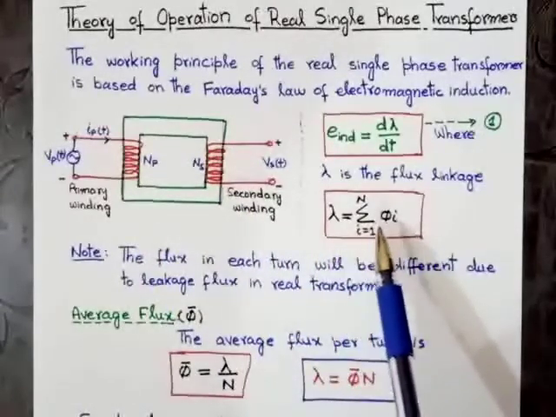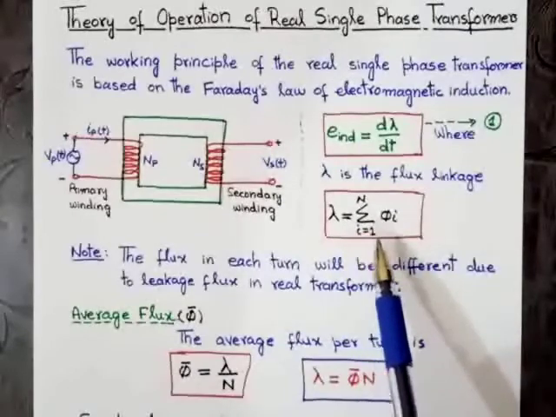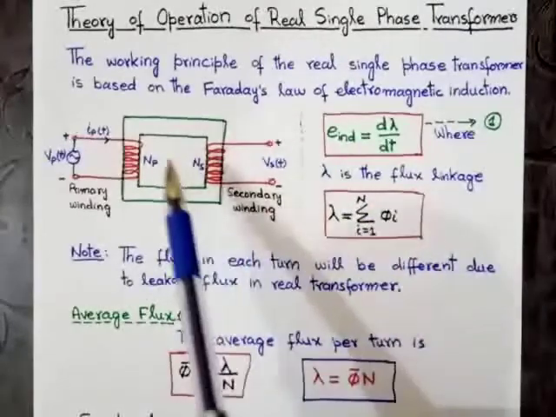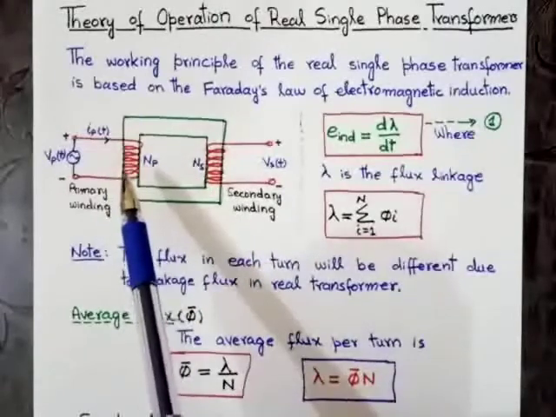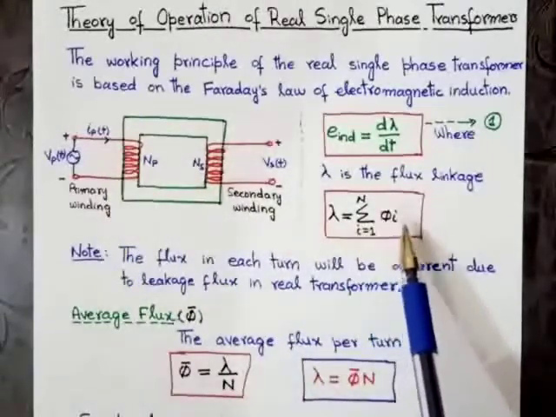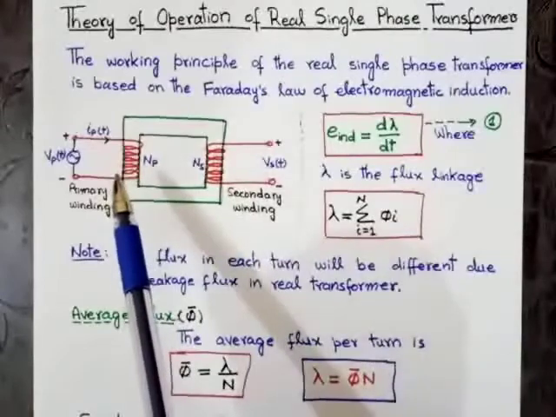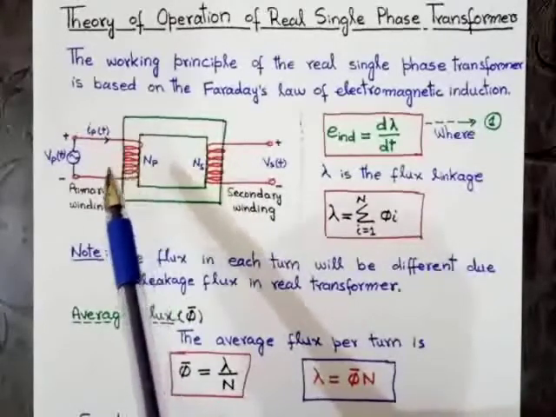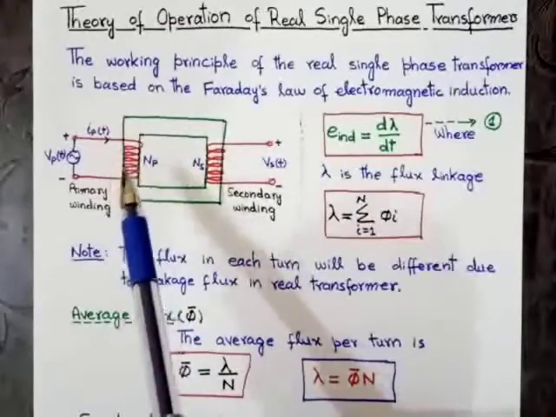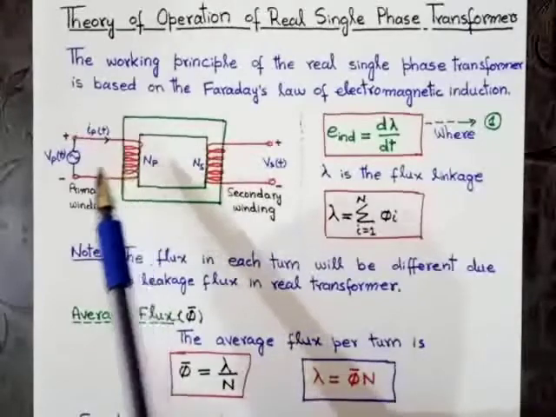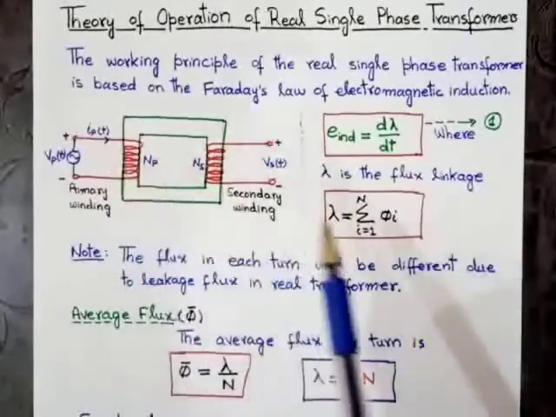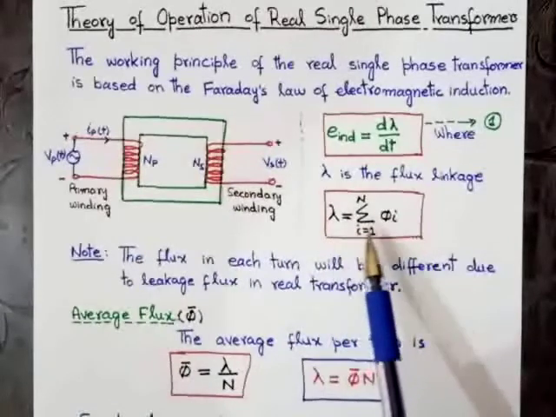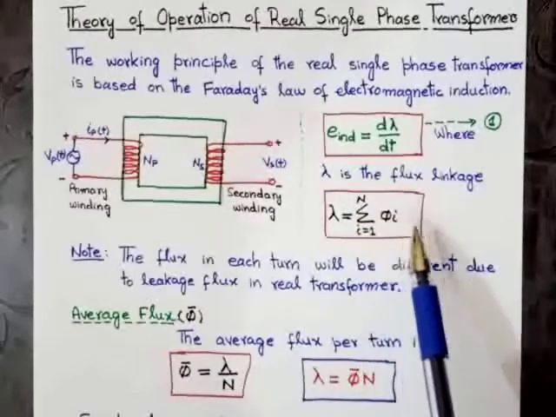The total flux linkage lambda will be equal to the summation from i equals 1 to N of flux phi i, where N means the total number of turns. In a real transformer, in every turn the flux will not be the same due to leakage flux. When the flux is not the same, we calculate the flux of each turn, and the overall flux linkage lambda will be equal to the summation from i equals 1 to N of phi i.